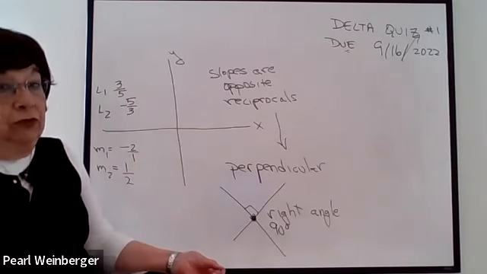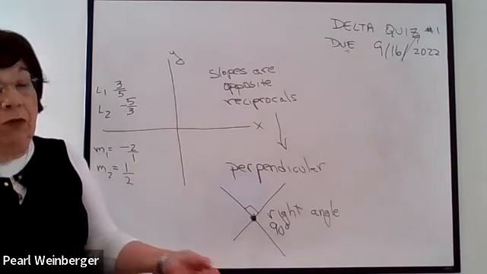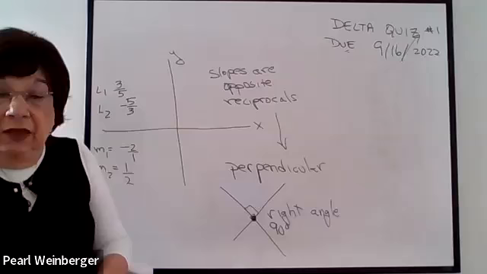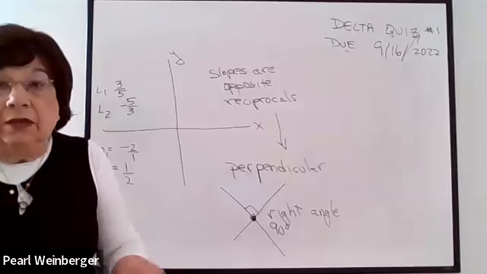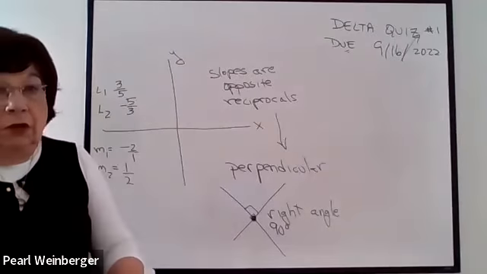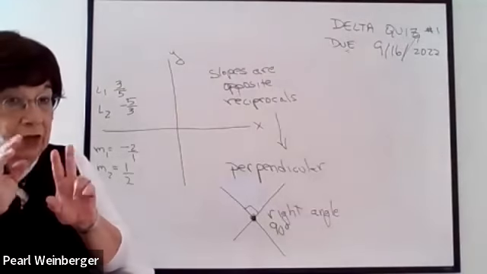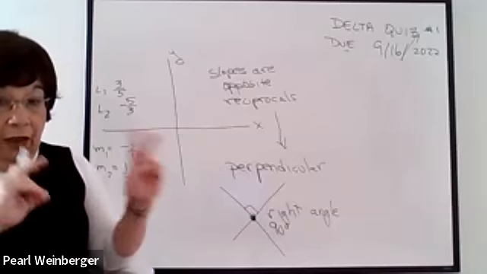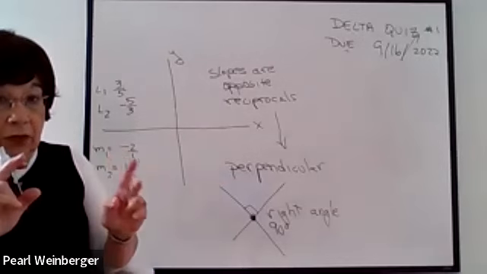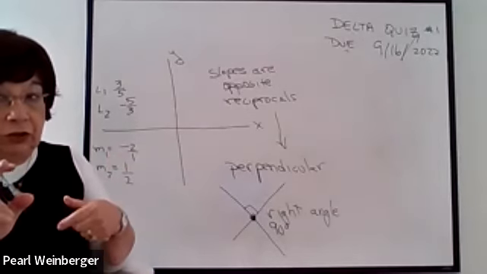So -2 being one slope, positive 1/2 being the other slope, those lines are perpendicular. So in order to have perpendicular lines, remember, you need two things: opposite signs and flipped over fractions.